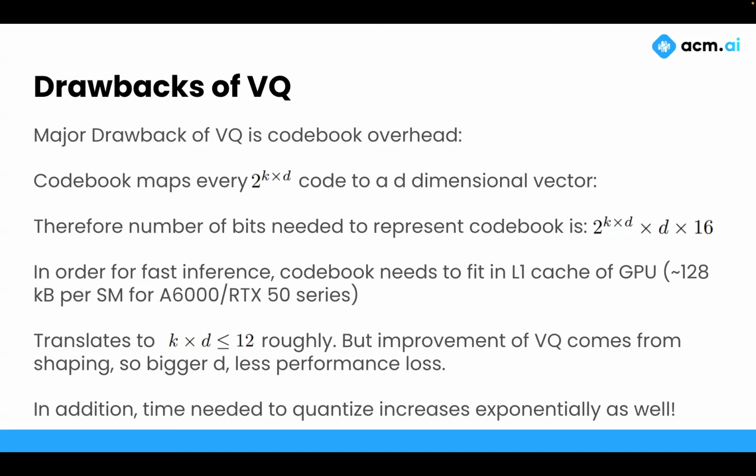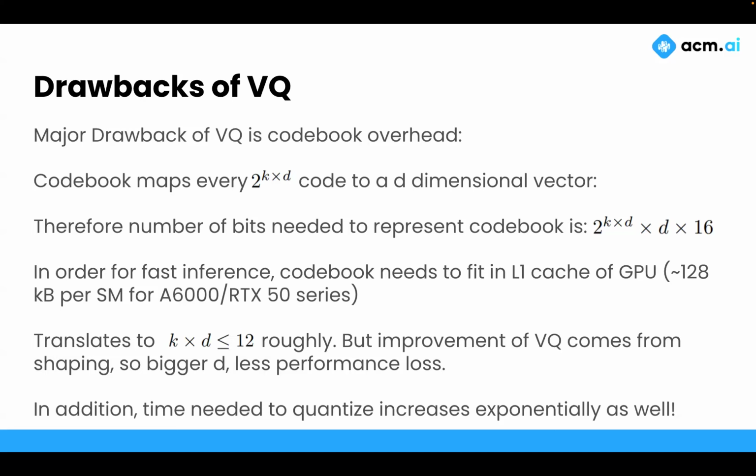And as I said, for fast inference we need this to fit in the L1 cache of a GPU. For an A6000, it's around 128 kilobytes. For A100s, this is 192 kilobytes, if I remember correctly. So this bounds k times d to be roughly less than or equal to 12.